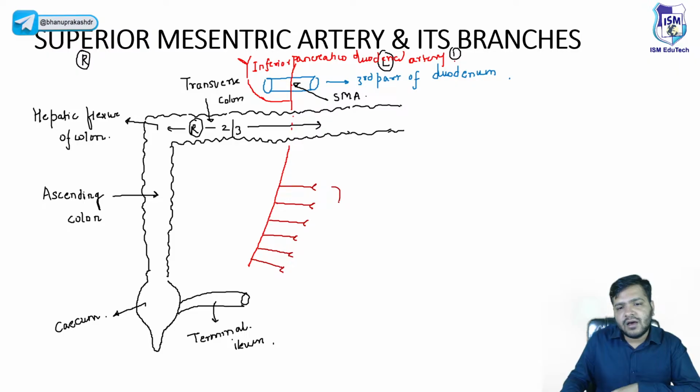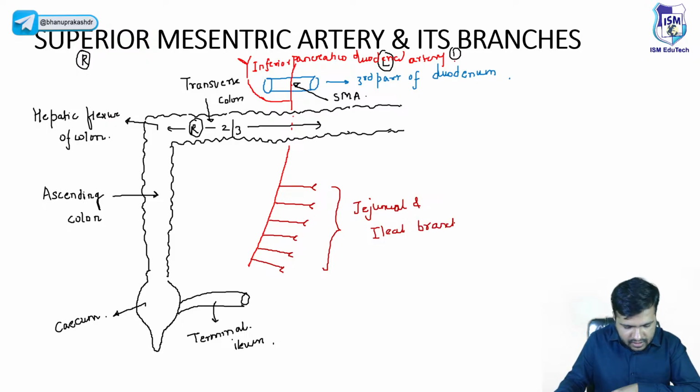And these are called the jejunal and ileal branches. Except the terminal ileum.